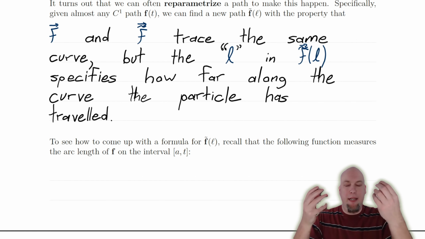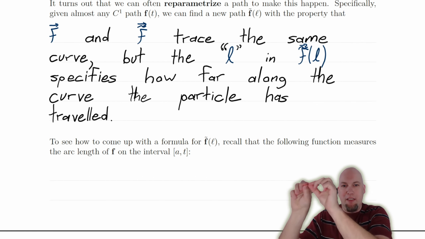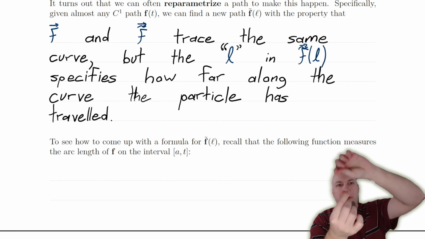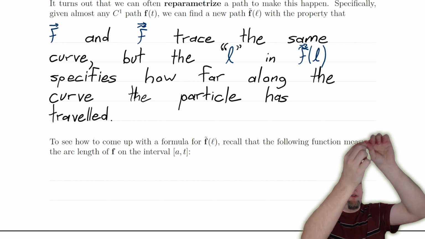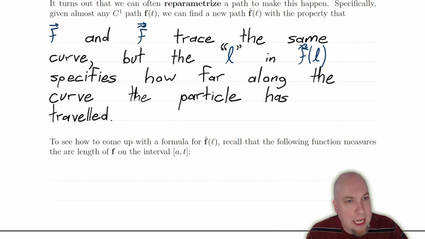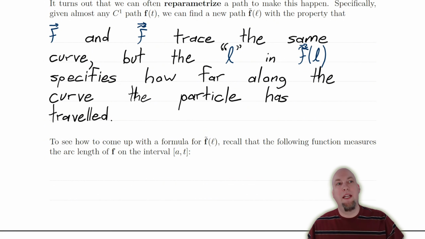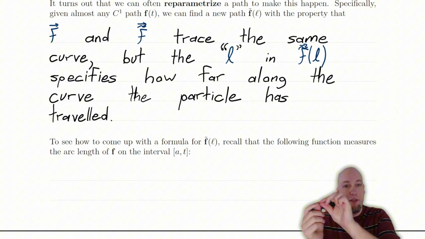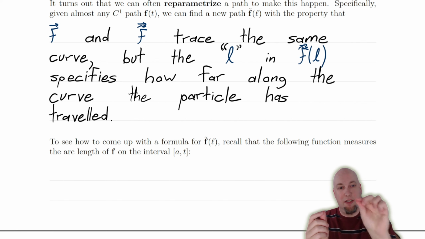If I plug in L equals 1, that's what I would get if I walked a distance of 1 unit along the path. L equals 2 is 2 units along the curve, and so on. Another way of thinking about this is that this new path f tilde has the property that its speed is a constant function. Its speed is 1 everywhere. So the particle isn't going slower then faster, then slower and faster.